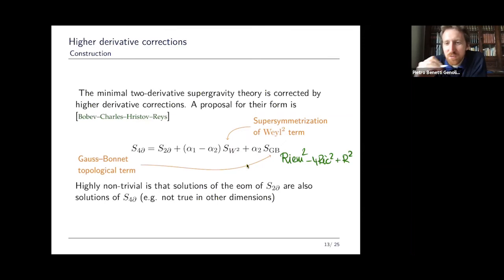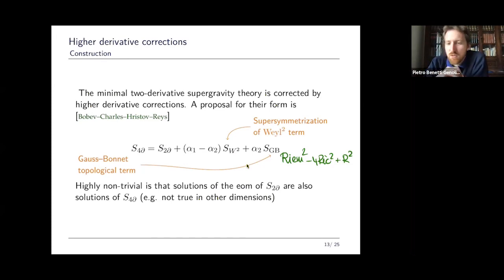Then you sit down and you think, does the localization property, so this idea that the on-shell action is only given by topological data, apply also to the higher derivative terms? And the proof goes in 2 steps.